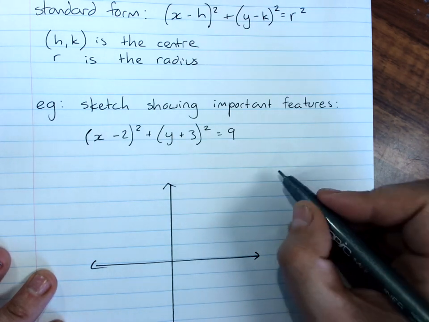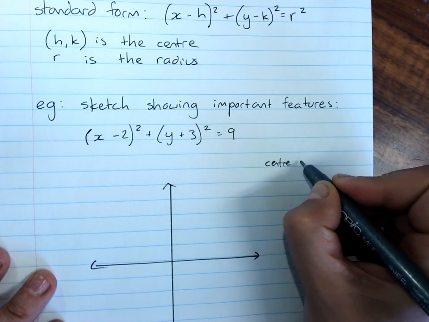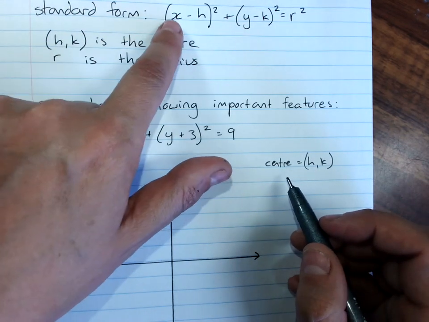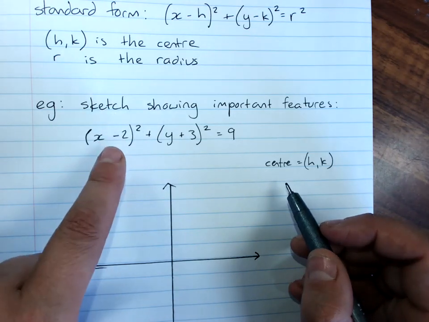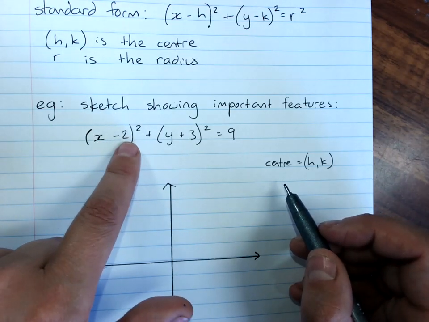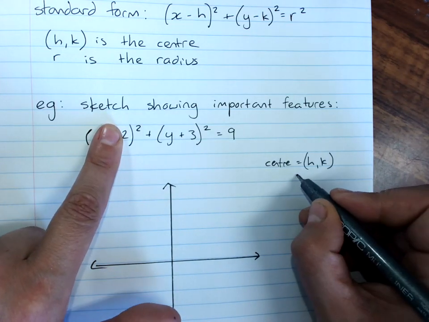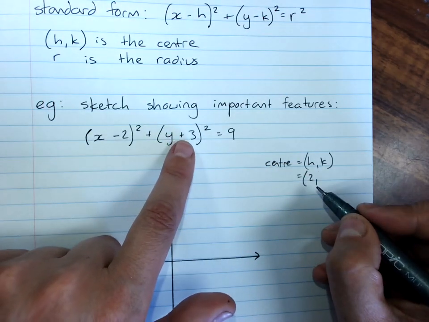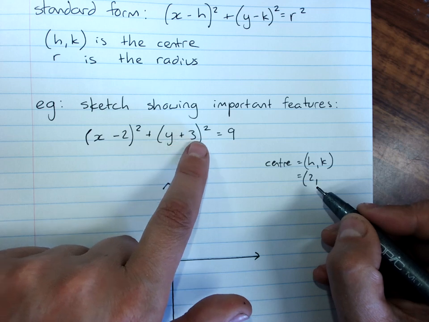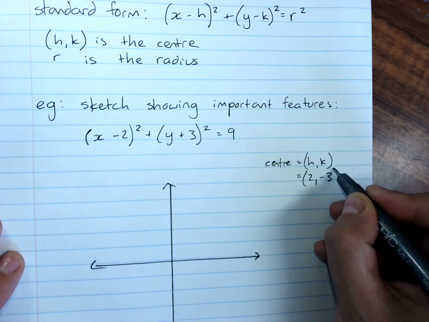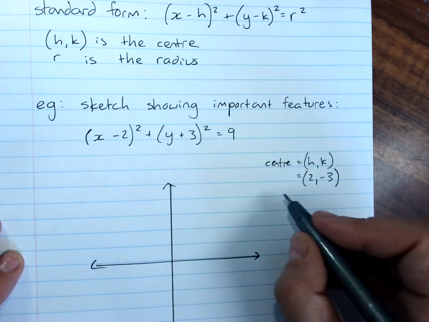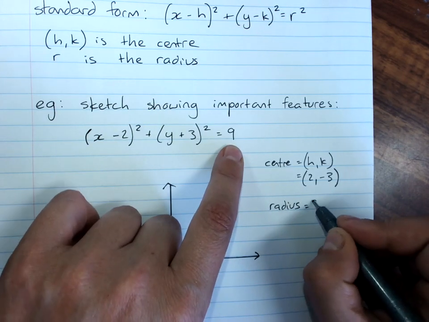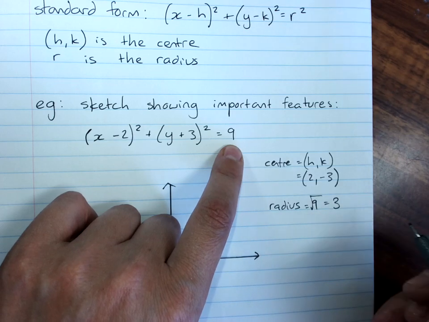So, our centre is h, k. We take x minus h, so if it's minus 2, that means h is 2, and y minus k, so if it's plus 3, that must be k equals negative 3. So our centre is at 2, negative 3, and our radius, this is the radius squared, square root of 9 is 3.